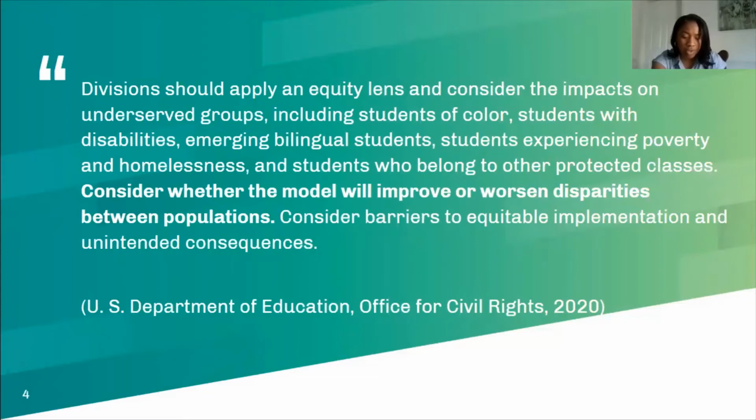Consider whether the model will improve or worsen disparities between populations. Consider barriers to equitable implementation and unintended consequences. So today, a lot of our learning and conversation is going to revolve around that bolded sentence, which says, consider whether the model will improve or worsen disparities between populations.